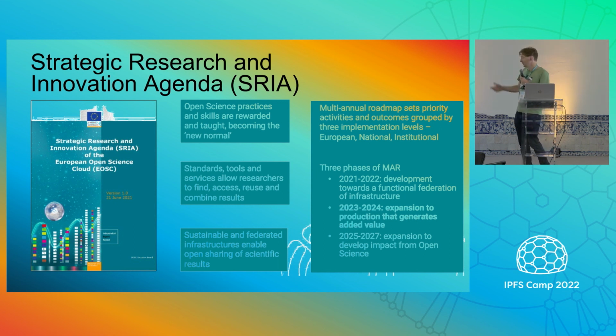Then starting from 2023, this research infrastructure should be productive, and we want to generate added value. And from 2025, there's the idea for an expansion to develop impact from open science to the overall community. So this is the plan for the European Open Science Cloud.